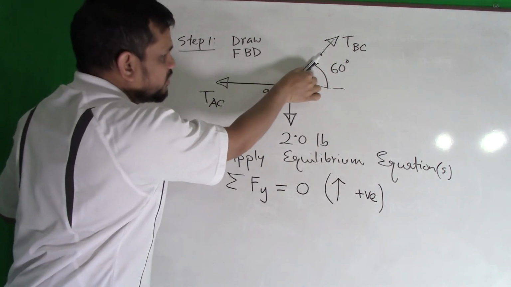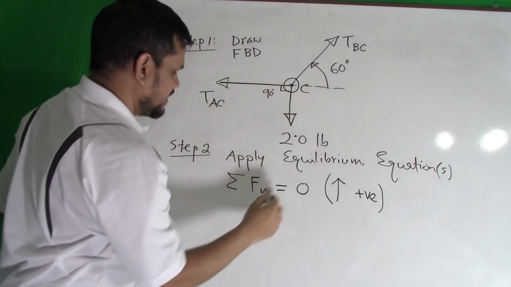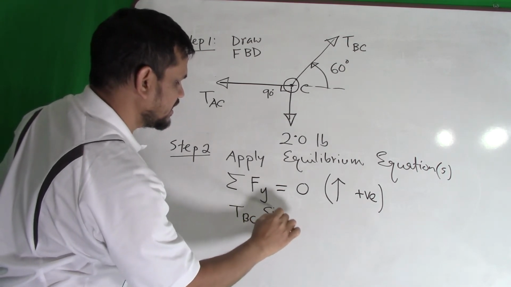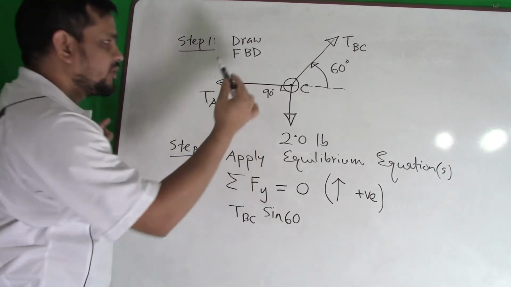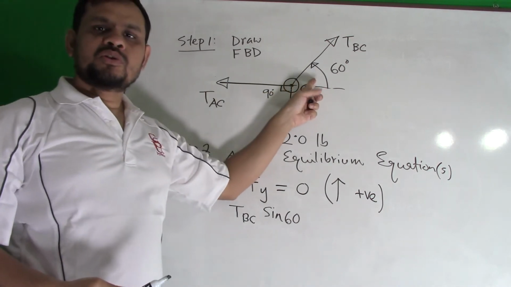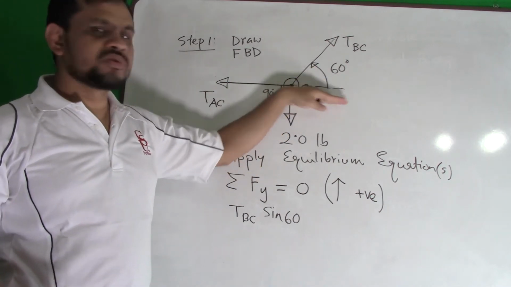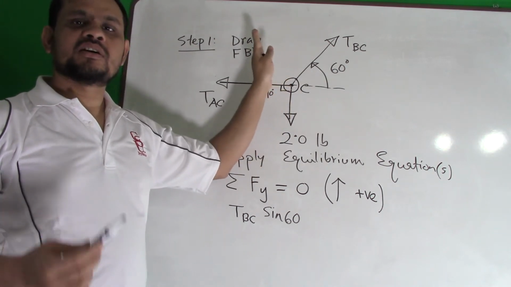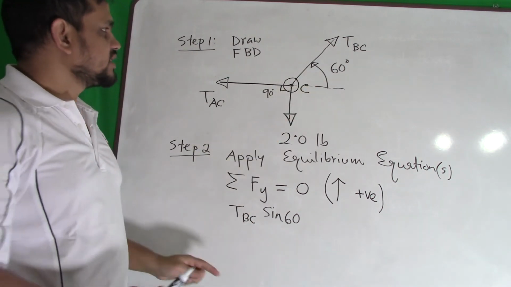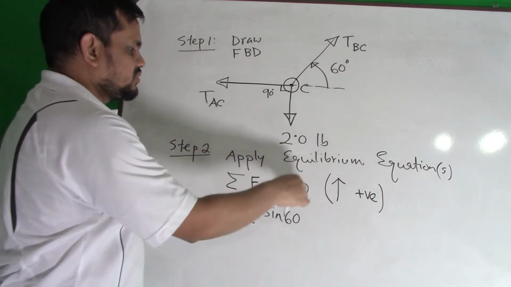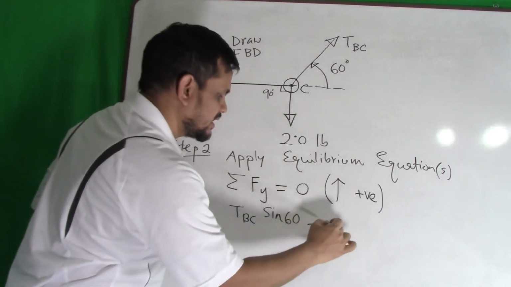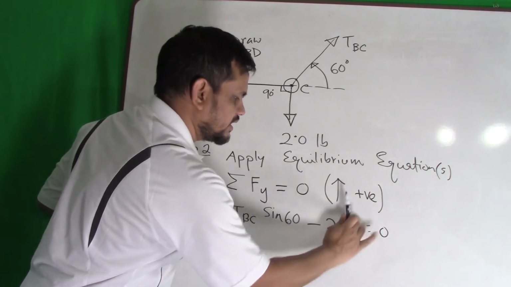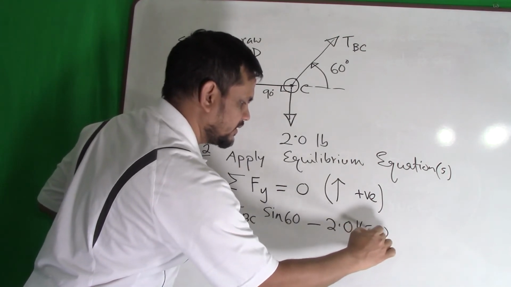What is the component of this force along this way? It is TBC sine 60 upward. Why sine 60? We know that adjacent to the angle is cosine, and perpendicular to that side is sine. So TBC sine 60 is upward, so positive. This 2 pounds is downward, so negative, minus 2 pounds equals 0. You can write your unit here, that is a good practice.